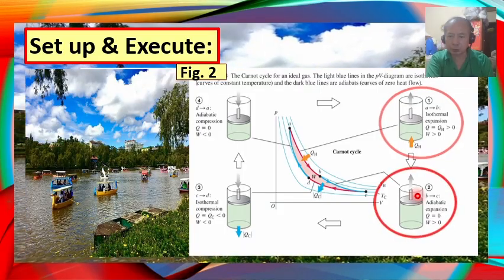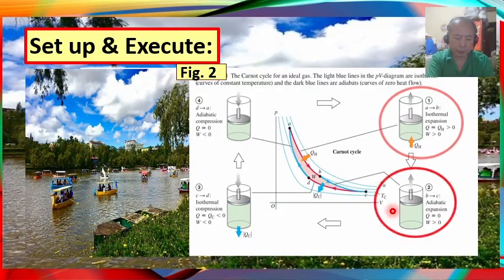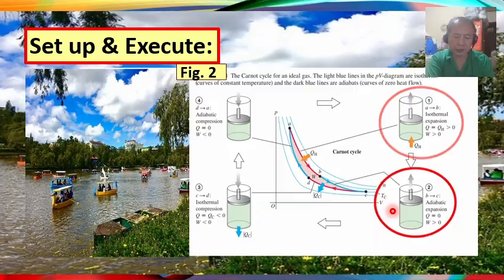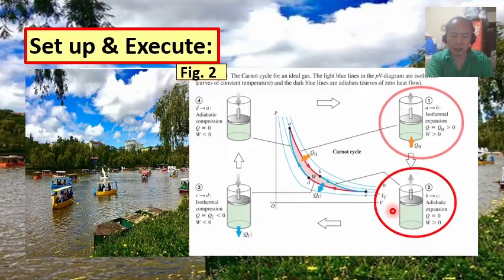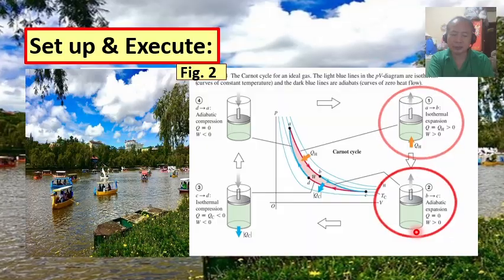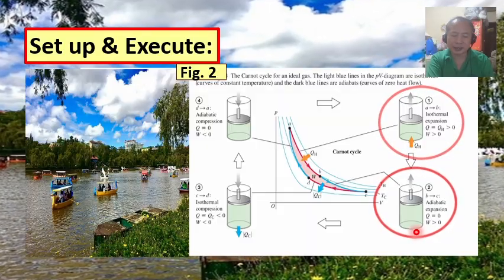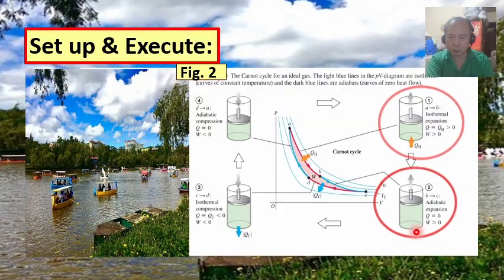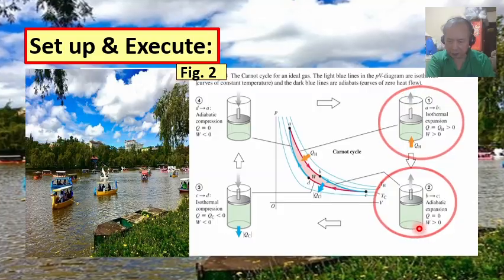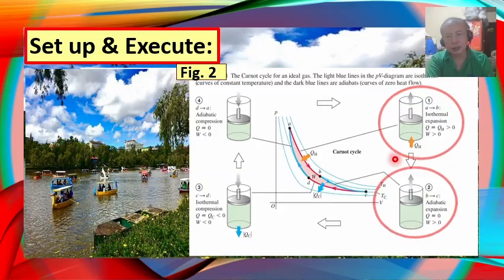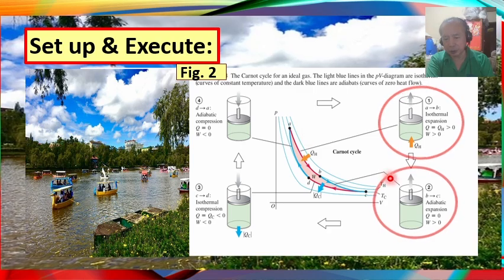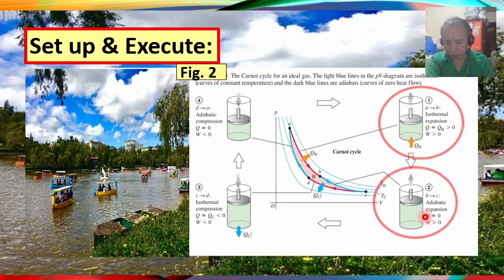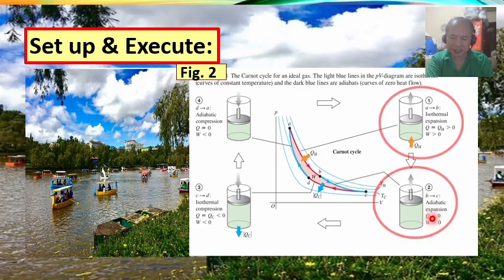Then in step 2, this is along the path B to C. The gas expands adiabatically until its temperature drops to capital TC. So capital TH is the initial temperature, and the final temperature is capital TC.